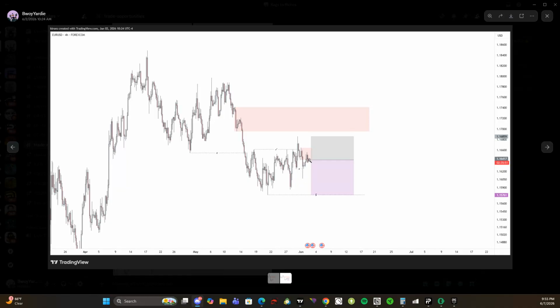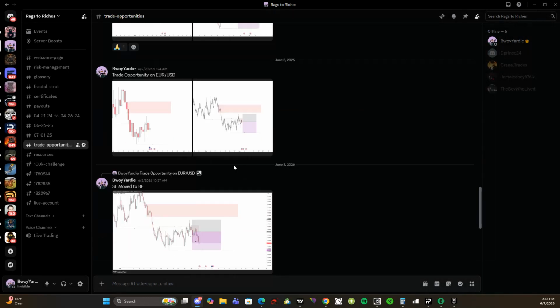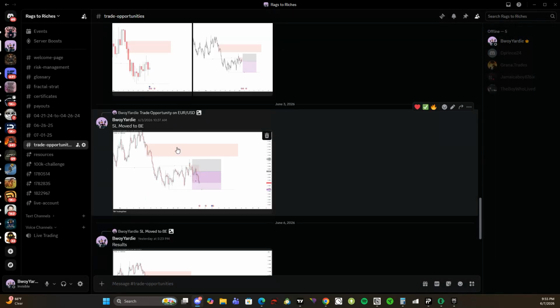This is not so much to predict the market as it is to anticipate what the next move would be. In this case, when price was at this point, the anticipation was that price would head lower. That said, entry taken there.